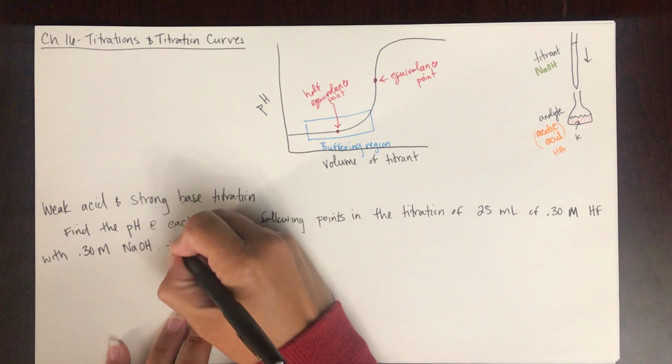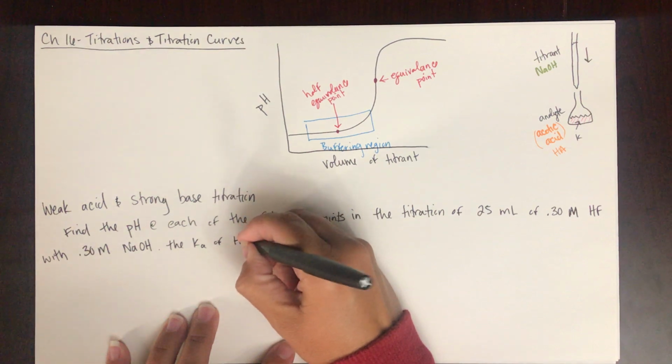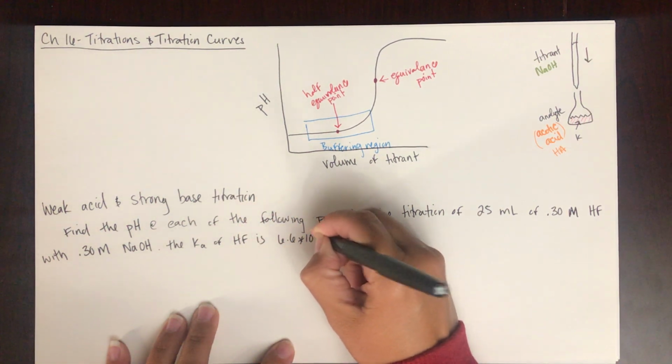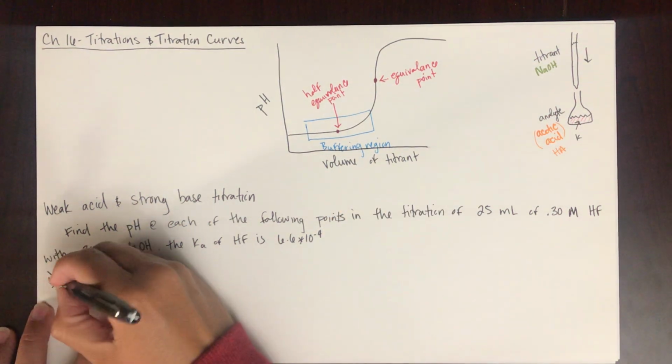And then the Ka of hydrogen fluoride is 6.6 times 10 to the negative 4th. So first is going to be the initial pH.